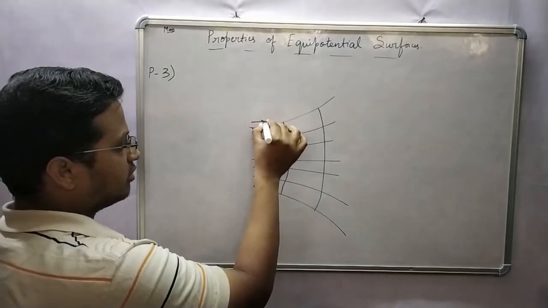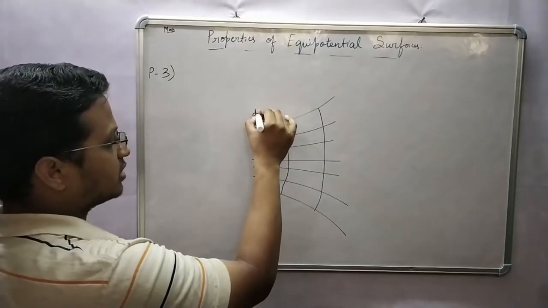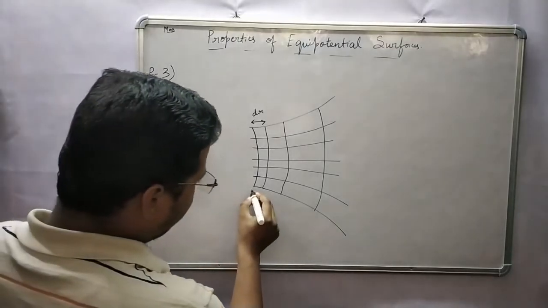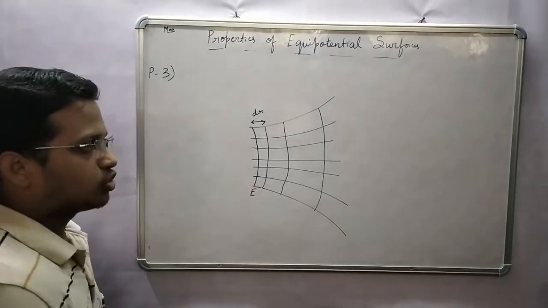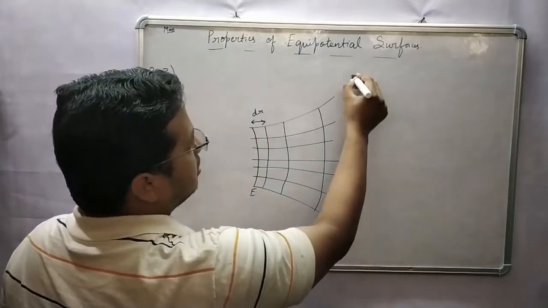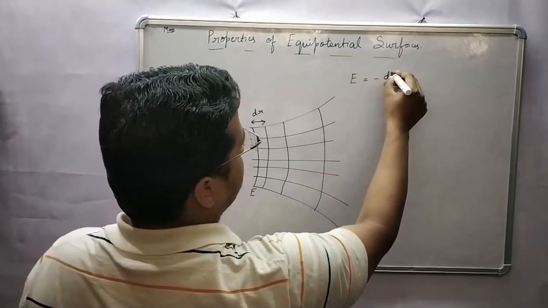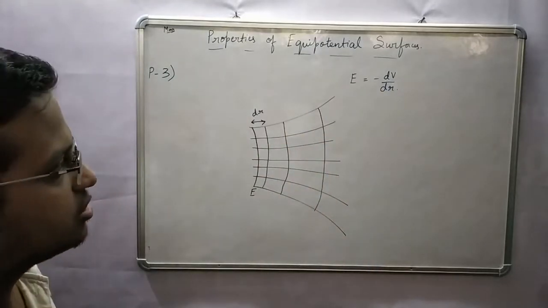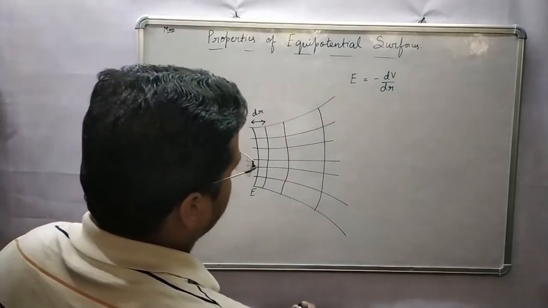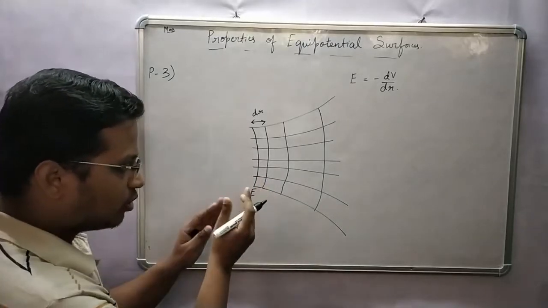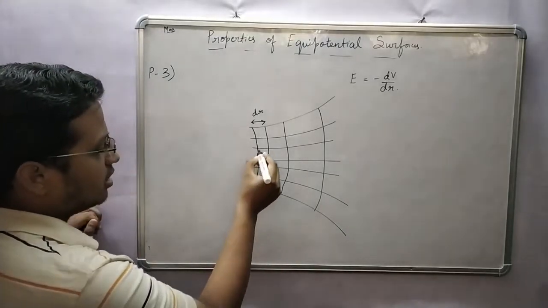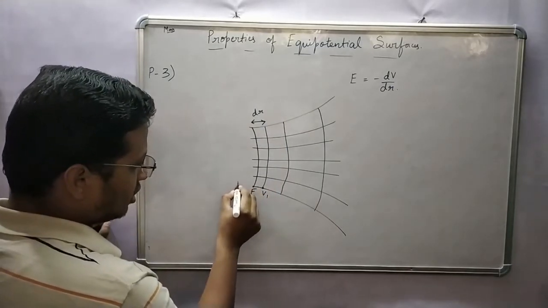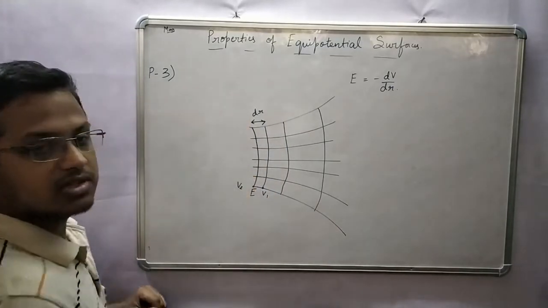Suppose the spacing between these two equipotential surfaces is dr and electric field is E here. So as you know that E is equal to minus of dV by dr. Now suppose we concentrate on two different surfaces. Then suppose the potential on this surface is V1, potential on this whole surface is V2.